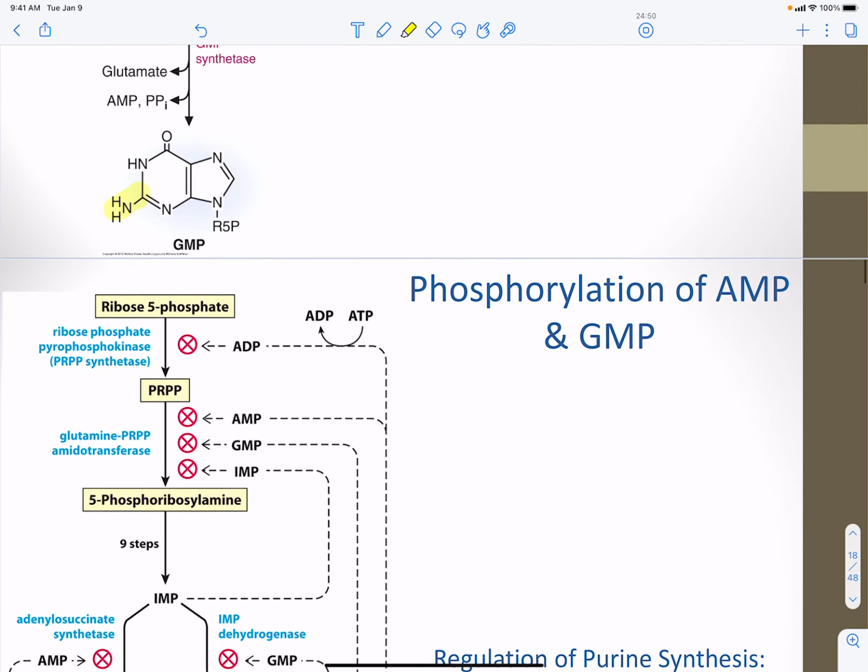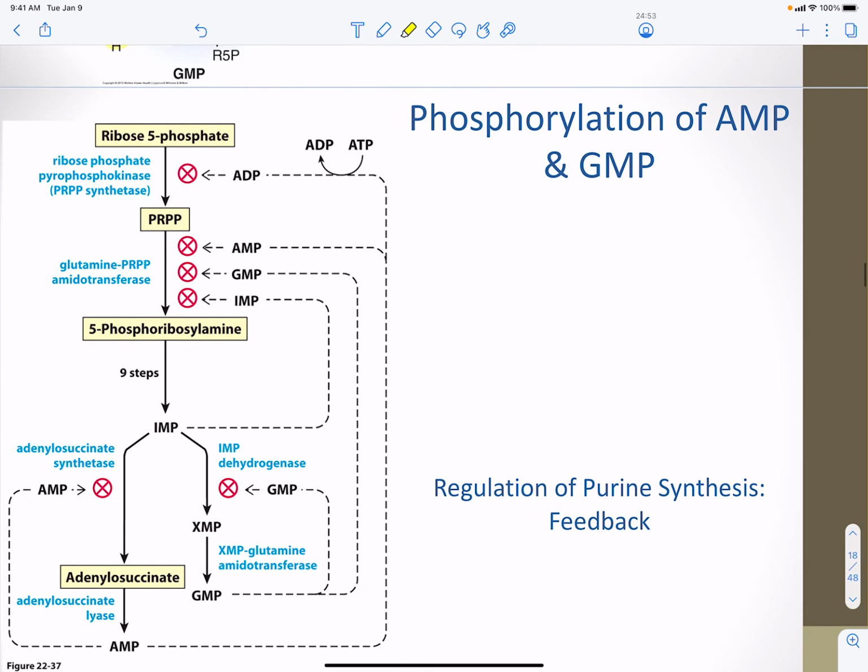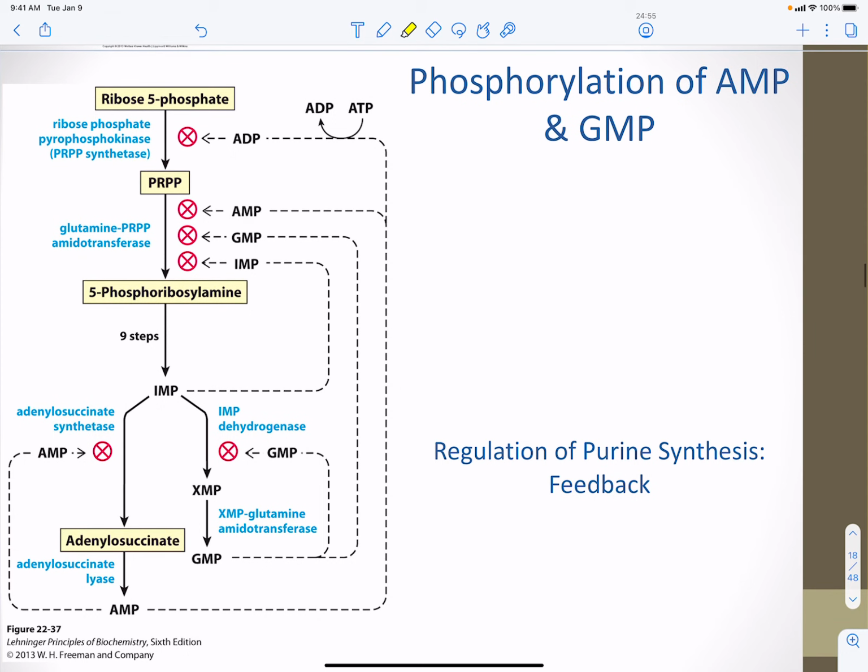Alright, so all these regulated steps. So that first step of activating your ribose 5-phosphate is going to be regulated by your ADP, adenosine diphosphate. And so this comes from that AMP that was formed from IMP.